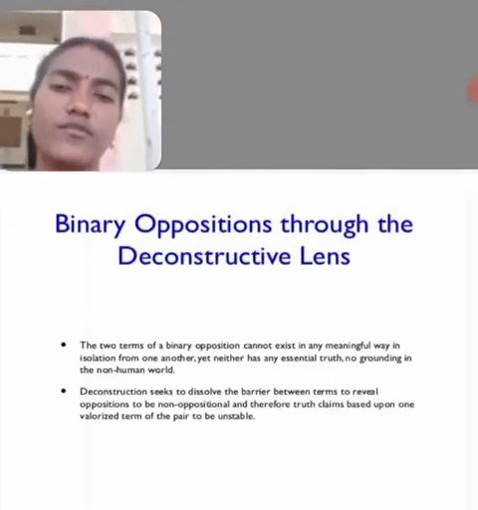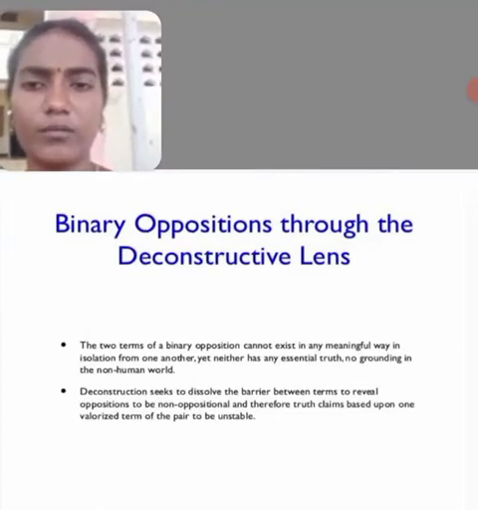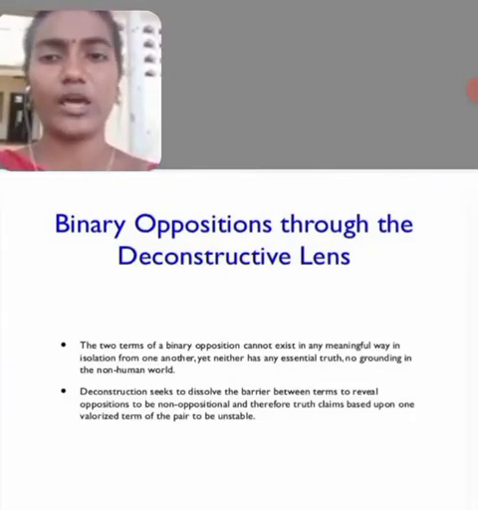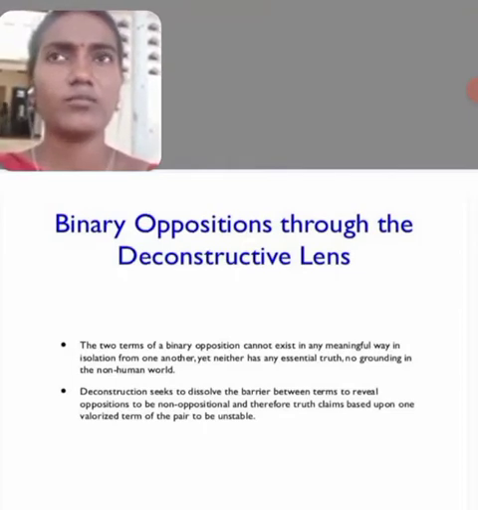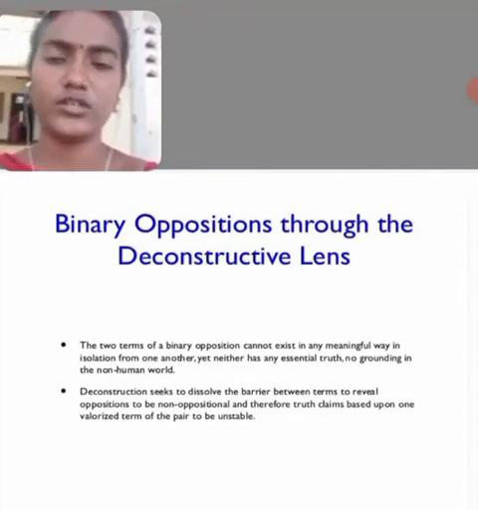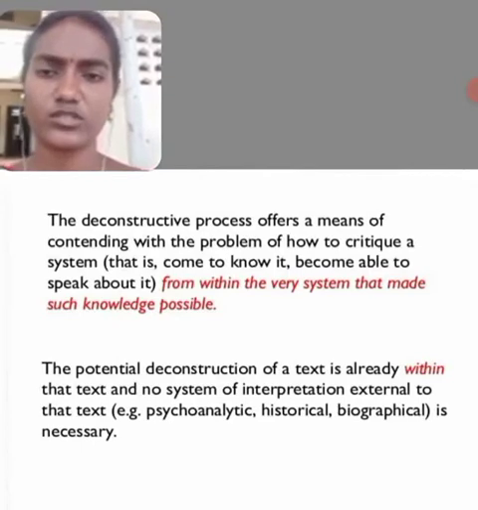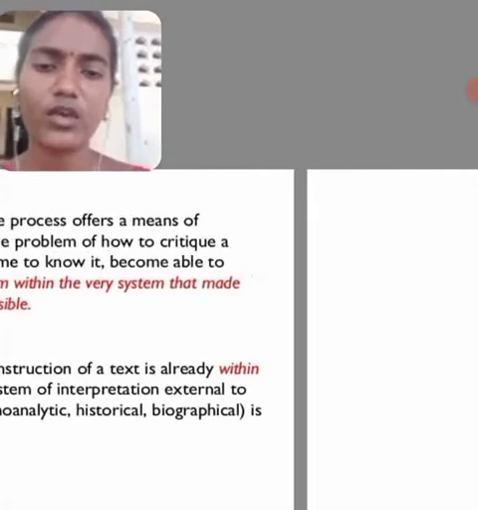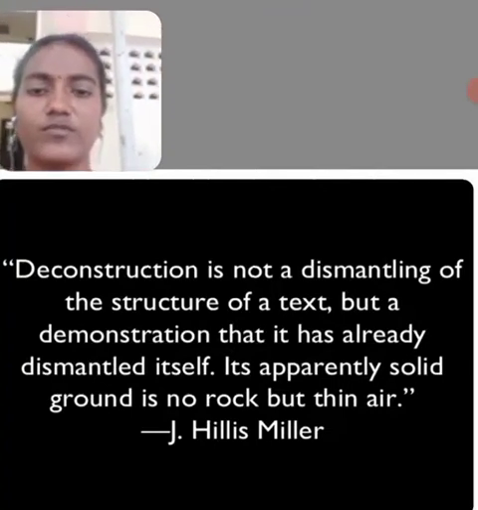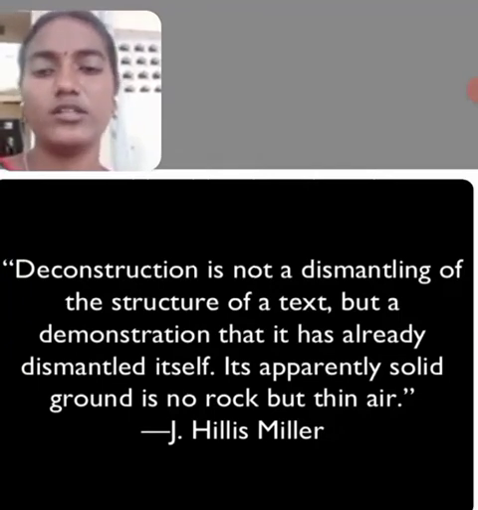Binary oppositions here refer to, for example, a man being identified by woman. Perfect binary oppositions are used to identify a term in language. An animal is identified by a different gender or genre. Deconstruction and post-structuralism share the same point. Deconstruction is not the dismantling of the structure of a text, but a demonstration that it has already dismantled itself.